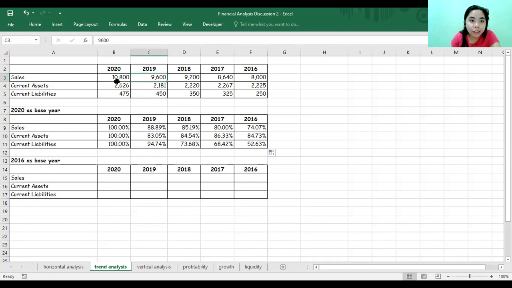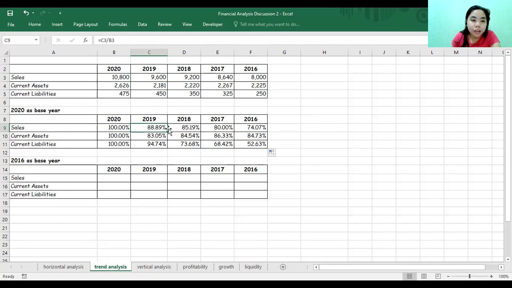So therefore, if we analyze from 9,600 to 10,000, there is an increase of 11.11%, 100% minus 88.89%.